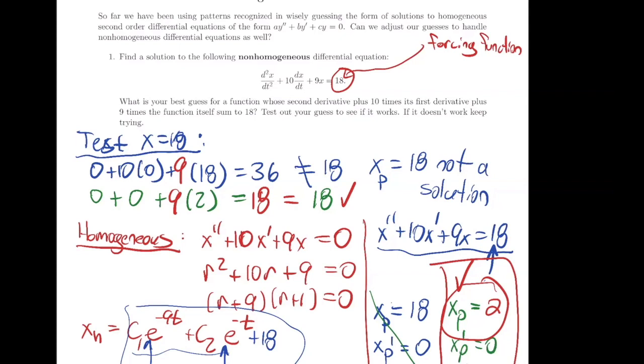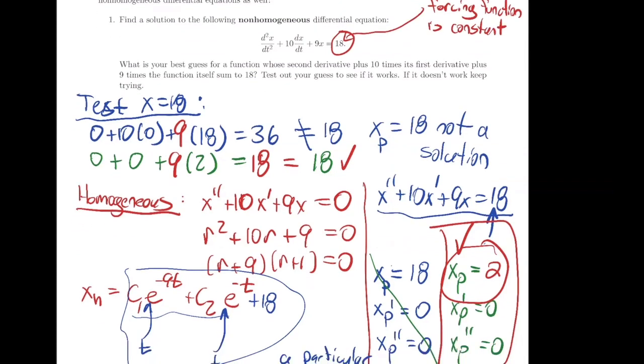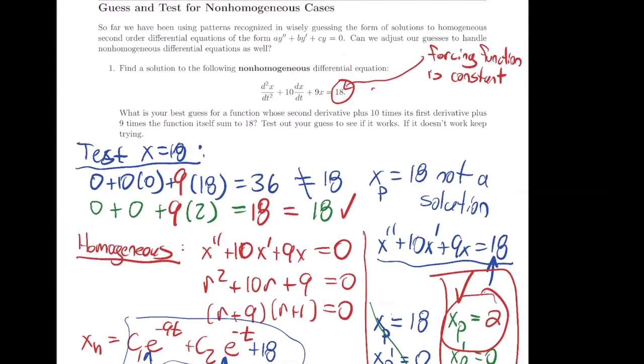So in this case, the forcing function is constant, and the particular solution, which was 2, right?